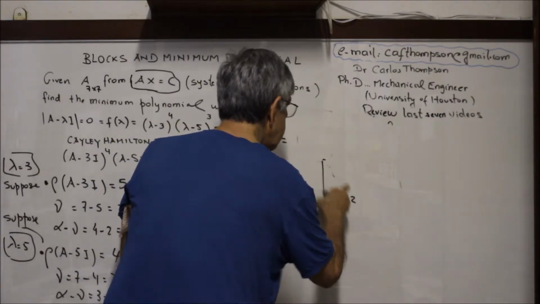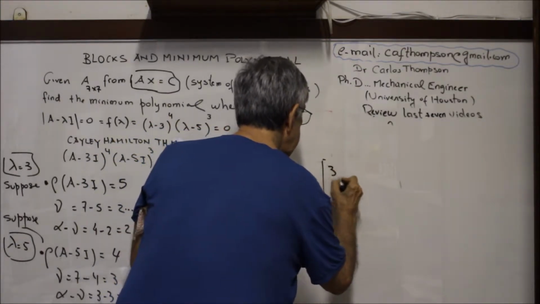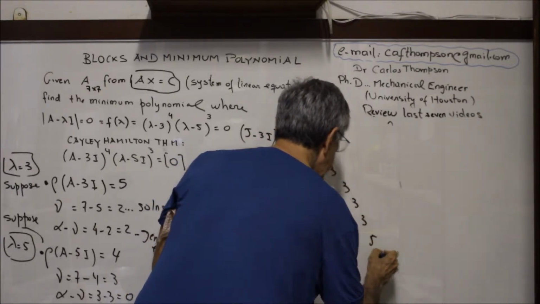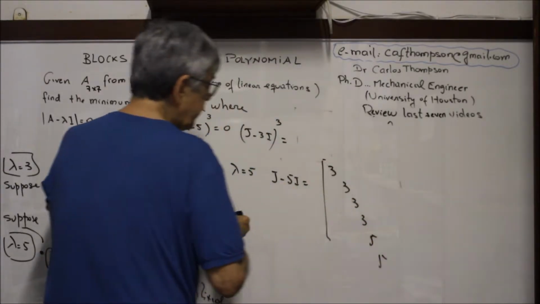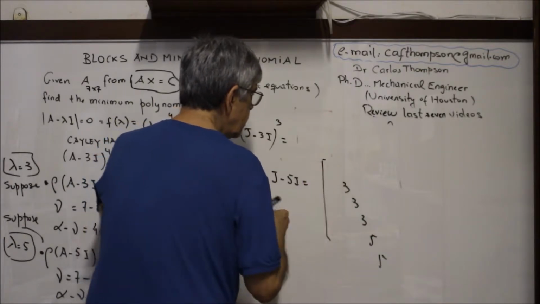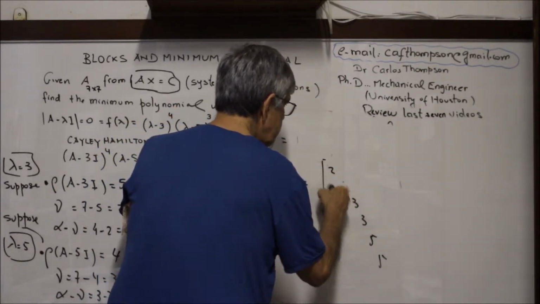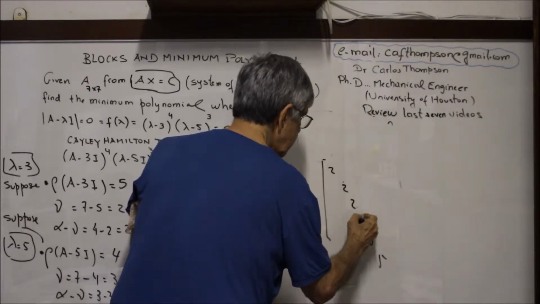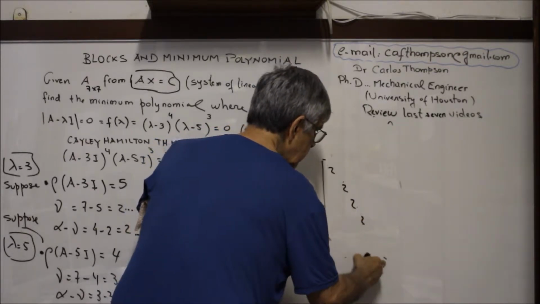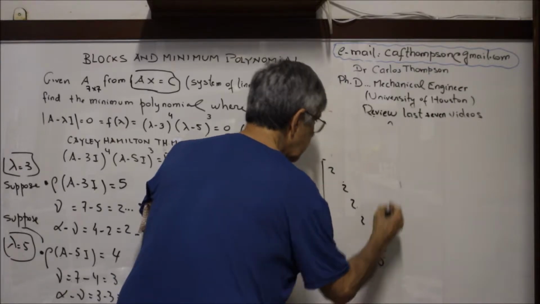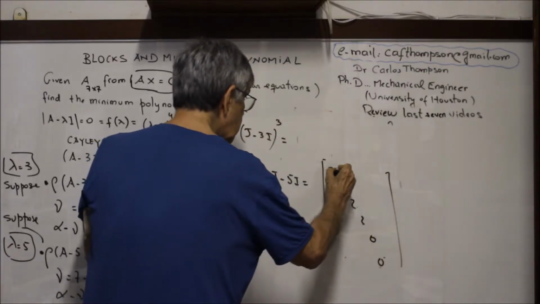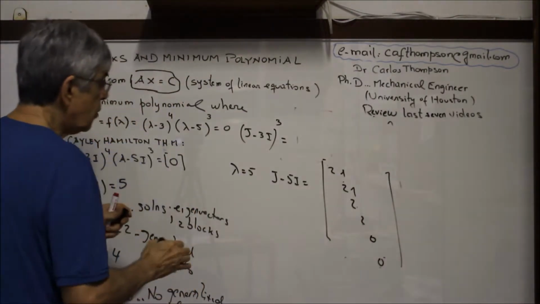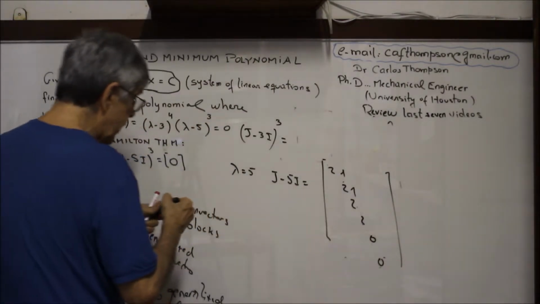I'm sorry, it's not 2, it's 3. 3, 3, 3, 3, 5, and 5. I'll subtract 5. So this will be 2, 2, 2, and 2. This is 0, 0. This is 0 and 0. Now there is 1 here and 1 here. Now this is J minus 5I.